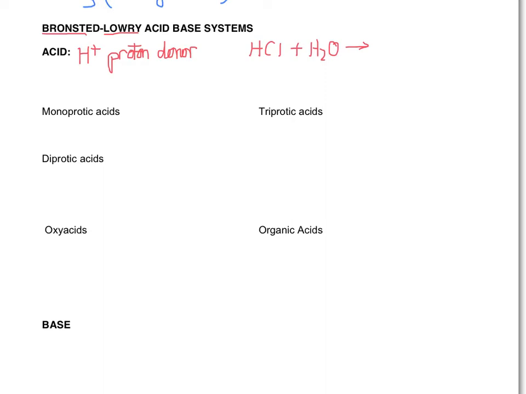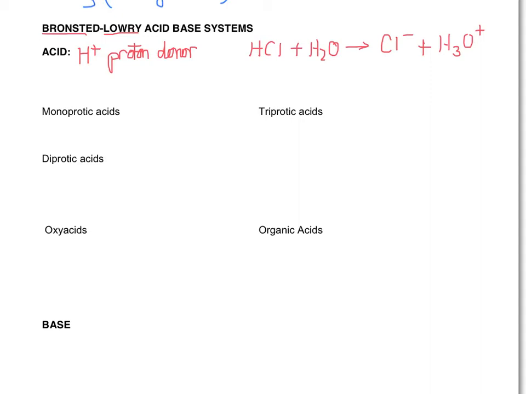That means it donates a proton, so it gives away an H plus. What would be left of it would be Cl minus after it gives away its proton. And then in this case, water grabbed that H plus from the HCl, and so it becomes H3O plus. So the HCl is an acid because it gave away an H plus to become Cl minus when it reacted.